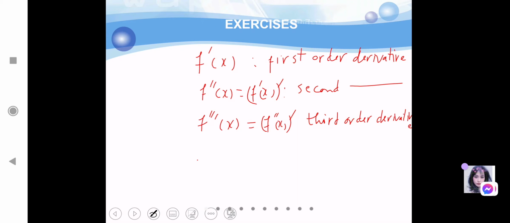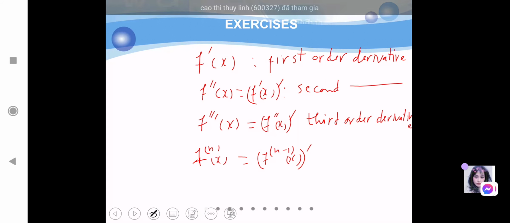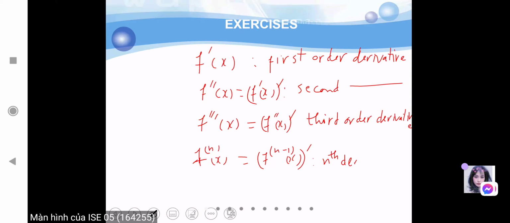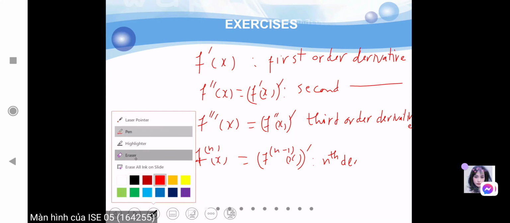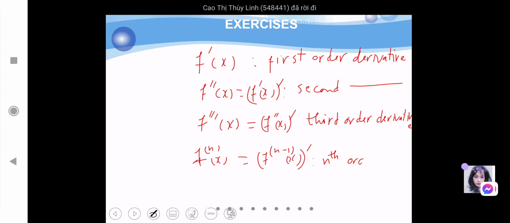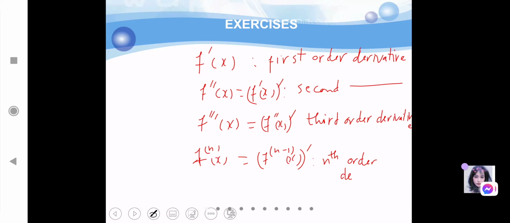And f^(n)(x) equals the derivative of f^(n-1)(x), and this is the nth order derivative. Okay, in this case n is less than or equal to 4.